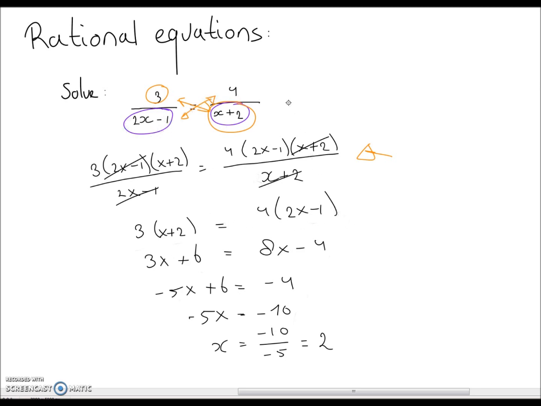Note that we can only do this in a form that has some fraction is equal to some other fraction.